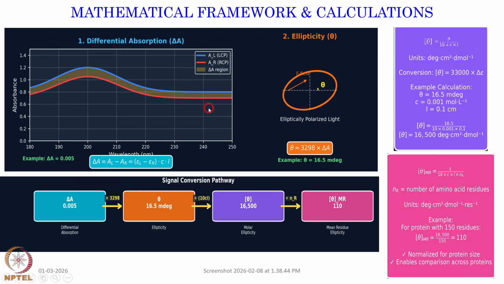So, you have the ellipticity, the difference in the absorption, and one can have a calculation of theta, like theta is 16.5 millidegree, say the concentration of protein is this much, path length is this much, and you can find how much ellipticity is coming out. You can calculate the mean residue and the molar ellipticity by normalizing the concentration and mean residue, depending on protein size and all those.